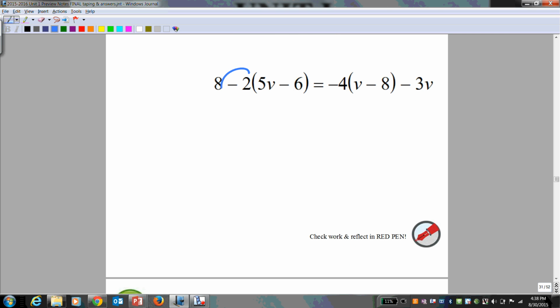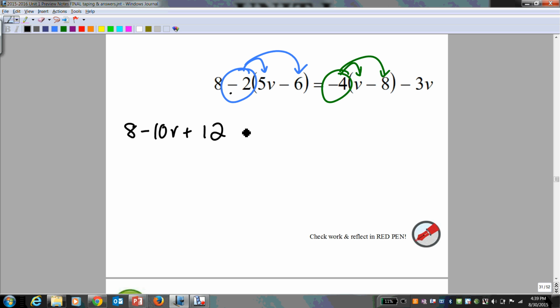You want to grab the -2 by circling and then draw the distributive arrows. Grab that -4 and distribute. Next line reads, we're going to have 8. -2 times +5, -10v. -2 times -6, double negative makes a positive, that's 12. -4 times v is -4v. -4 times -8, double negative makes a positive, that's 32.